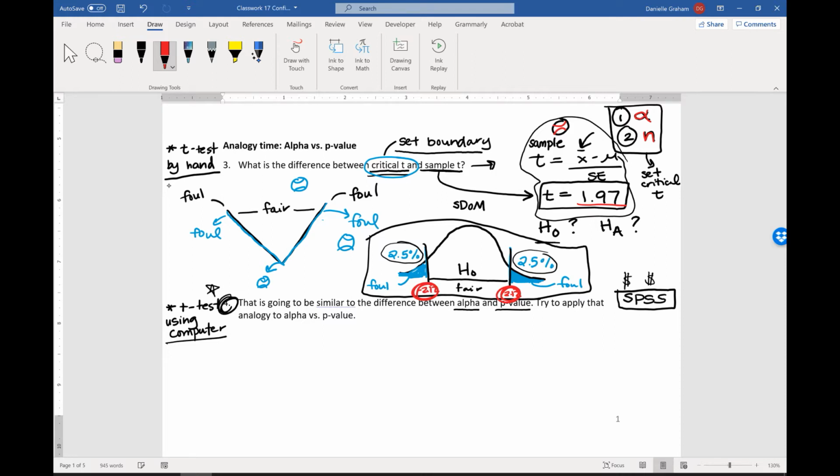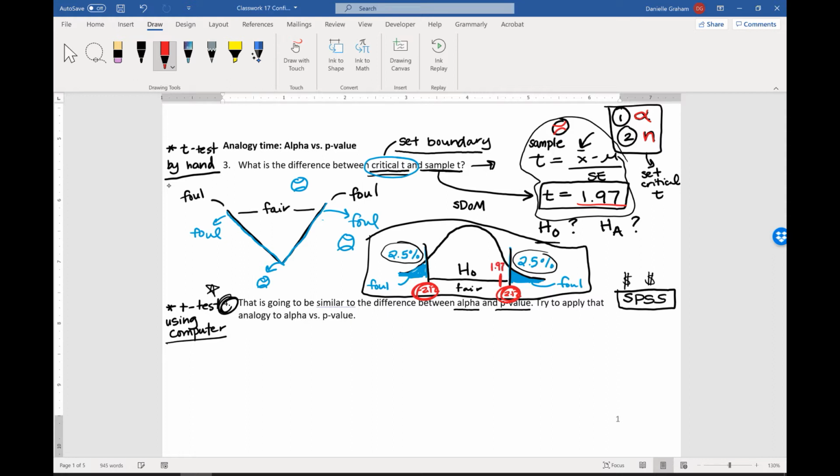If that's 2.12 and negative 2.12, where is 1.97 in relation to that? Is it in the boundaries between negative 2.12 and positive 2.12? Or is it outside of those boundaries? Well, 1.97, if we were to plot it, is not going to be higher than 2.12. It's going to be probably somewhere around here.